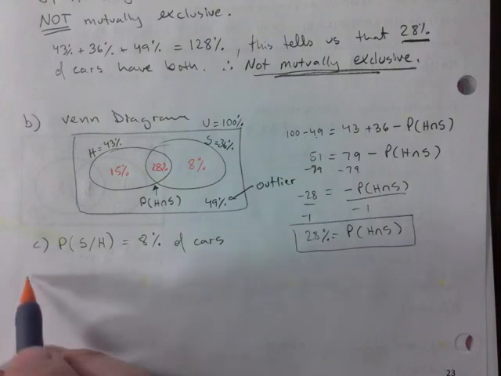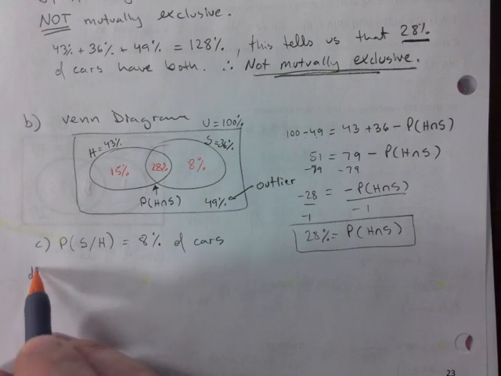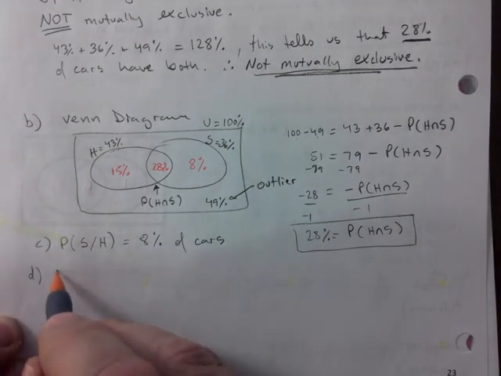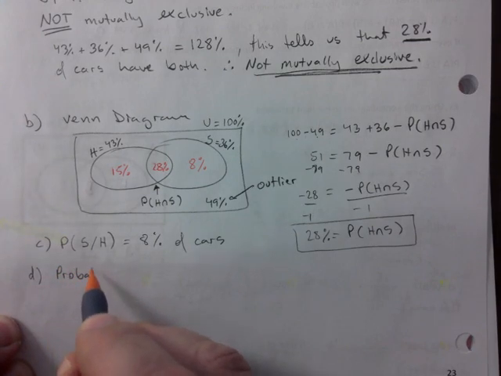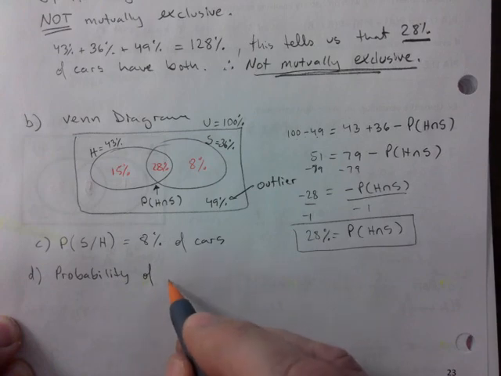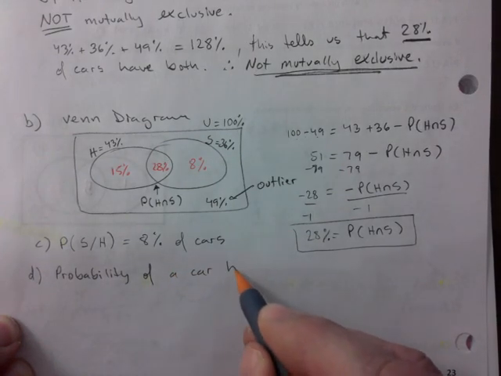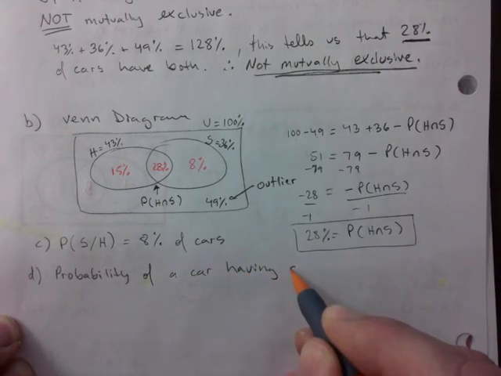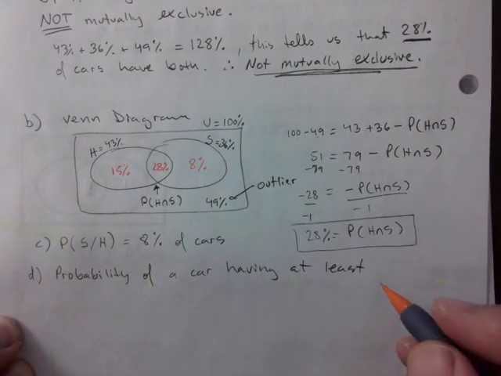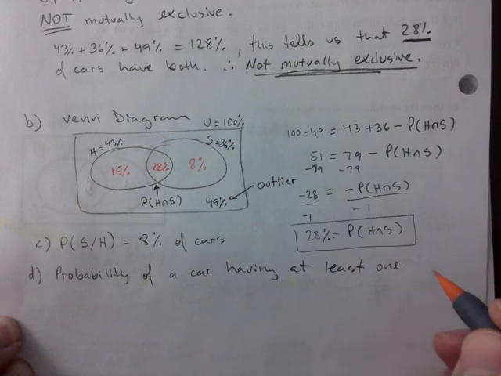You didn't copy that yet, did you? So let's do that right here. I'm going to rewrite it for you because that's kind of sloppy writing there. What's the probability of a car having at least one of the features?